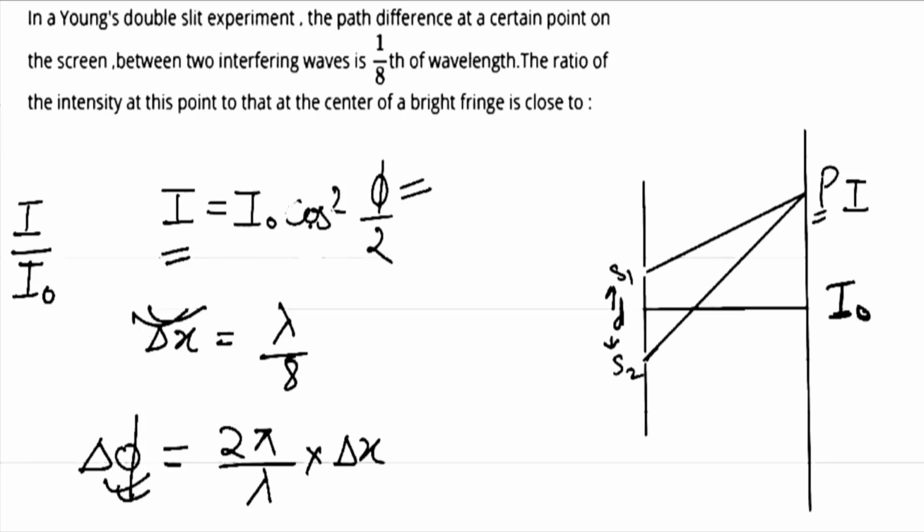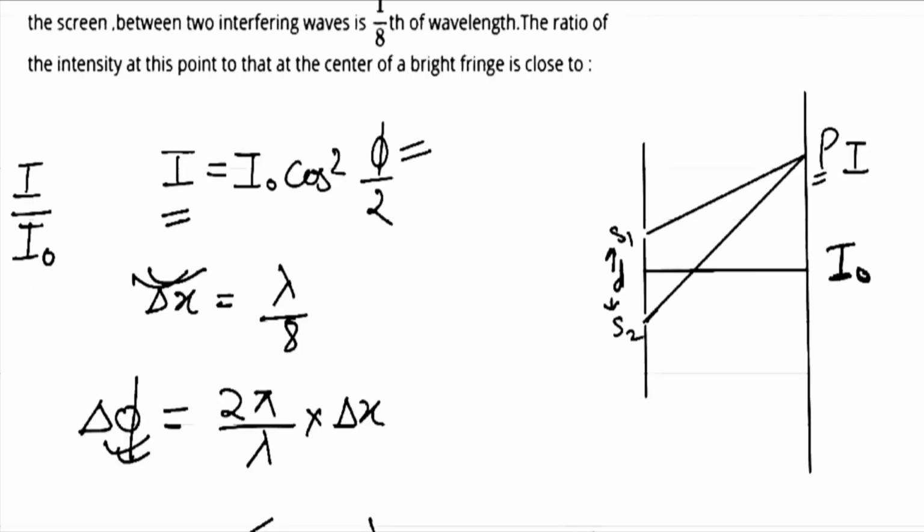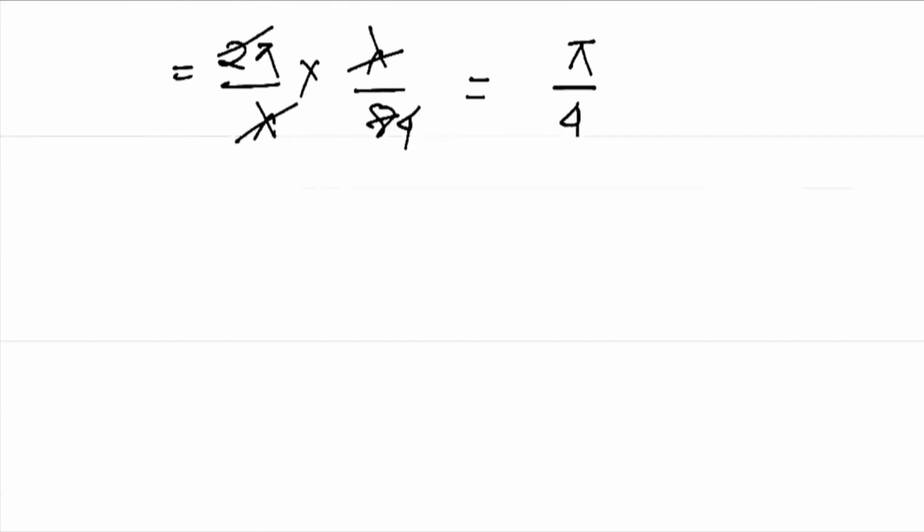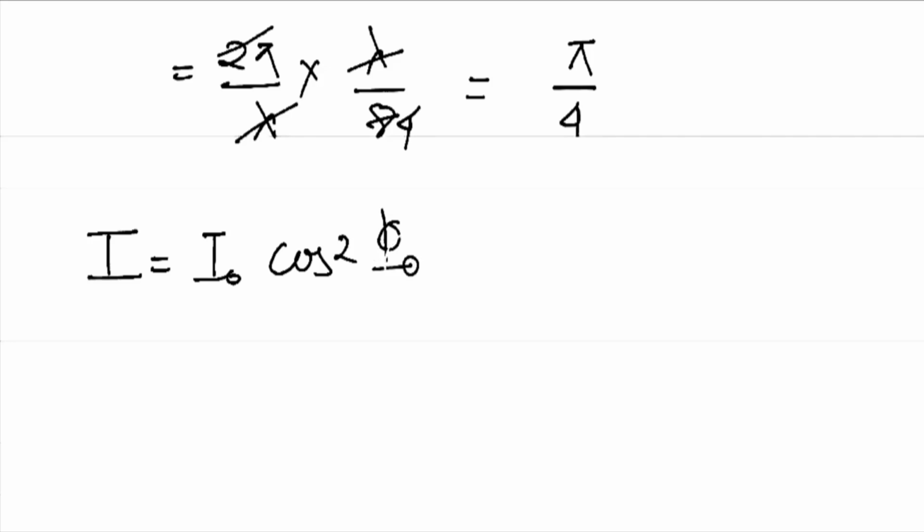Now we have the relation I equals I naught cos square phi by 2. If we rewrite the equation, it will be I equals I naught cos square phi by 2, and we substitute the value of phi here, so this will be cos pi by 4, and 4 into 2 it will be 8.